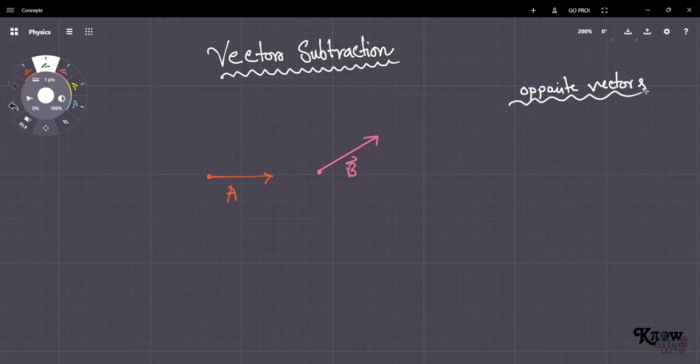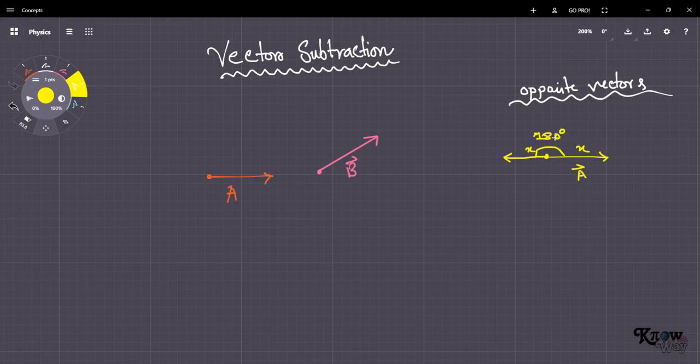So let's say a vector, it is going in this direction, and this is the vector A. Okay, and suppose another vector with the same magnitude of A, let's say it is x, this is also x, the length, it is going in the opposite direction about 180 degrees apart.